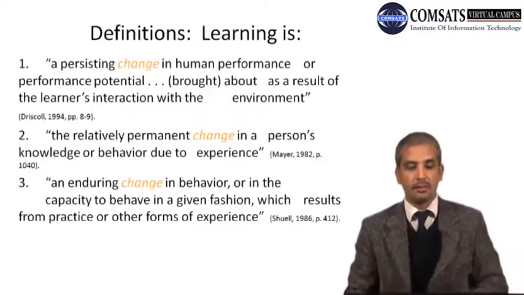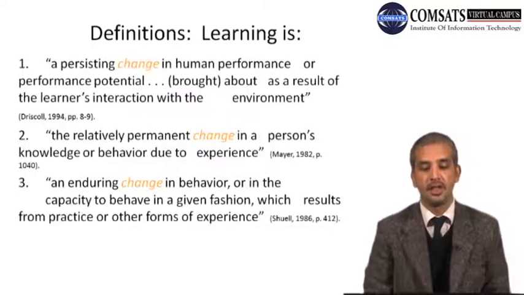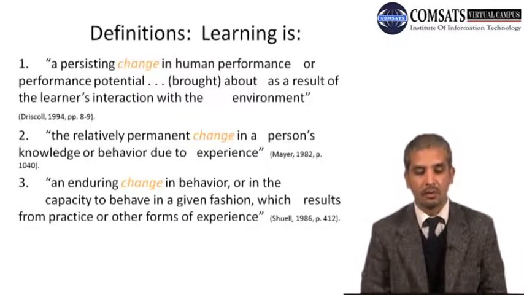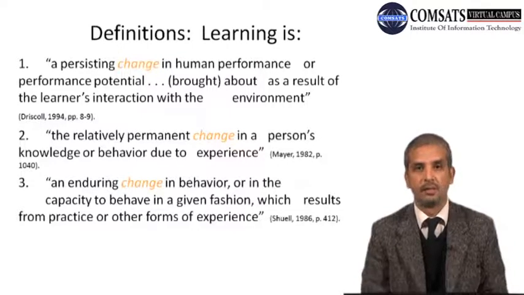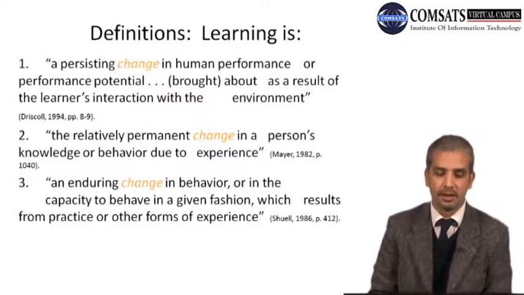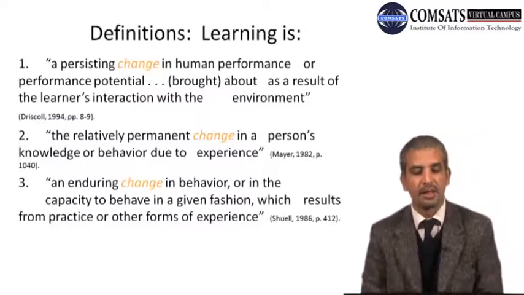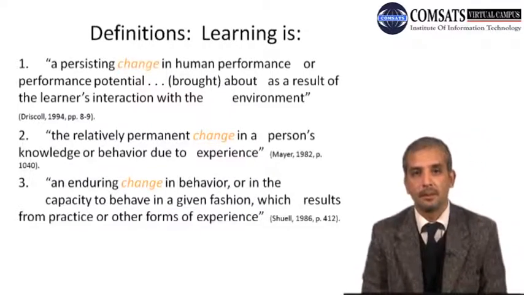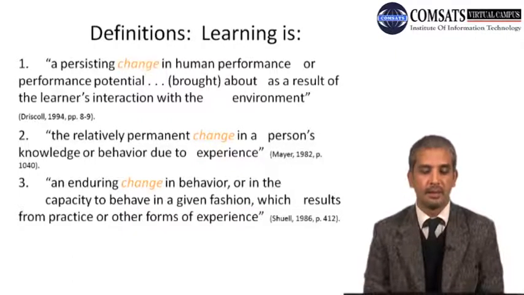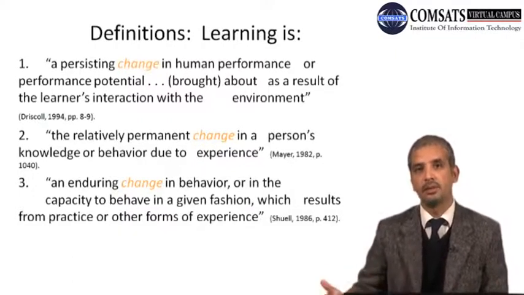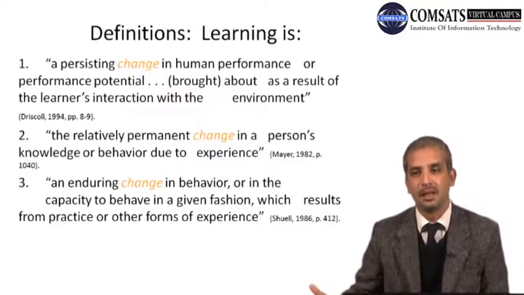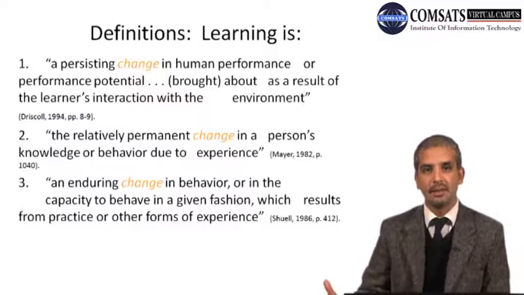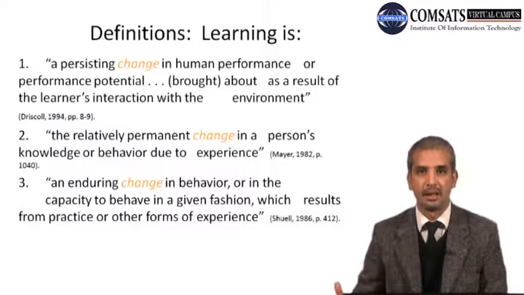Now, another definition: a persisting change in human performance or performance potential brought about as a result of the learner's interaction with the environment. A very interesting definition by Driscoll in 1994. The point is that it is a persisting change in human performance. When performance is improving persistently, or continuously, then that means that an individual is learning, right?